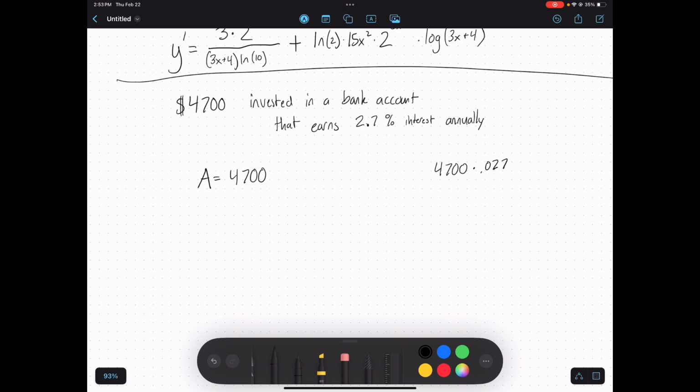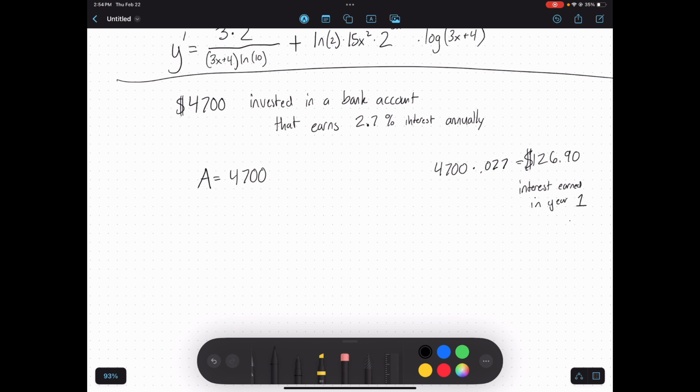Calculating that value gives me the amount that I'm going to earn on interest for that first year, which in this case is $126.90. So this is the interest earned in year one.